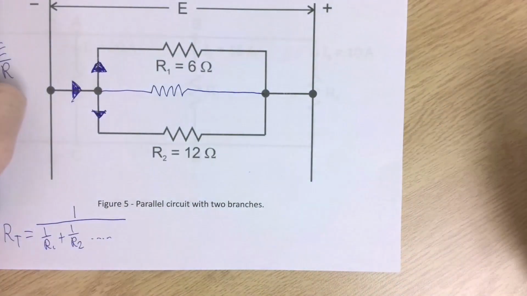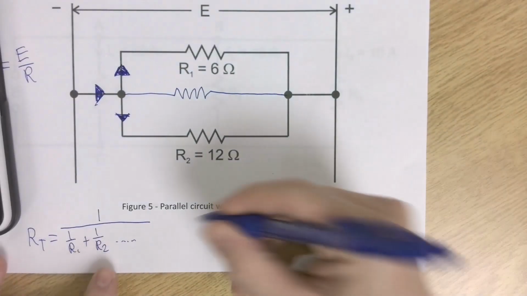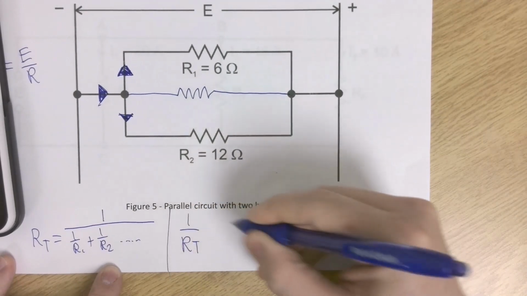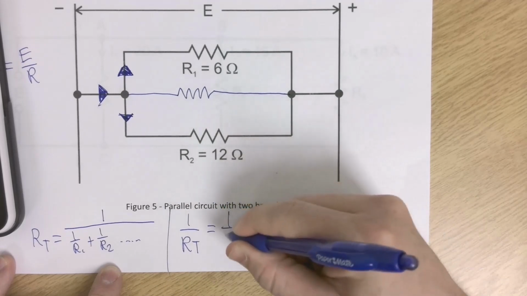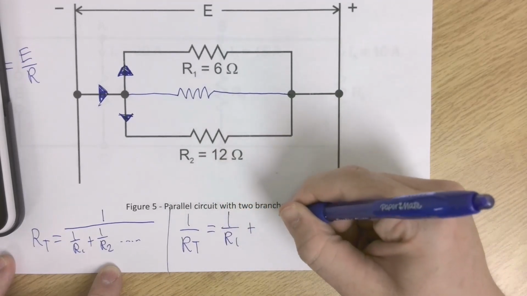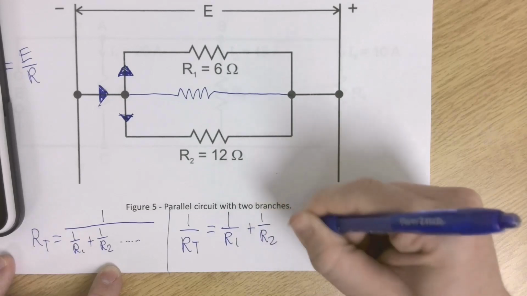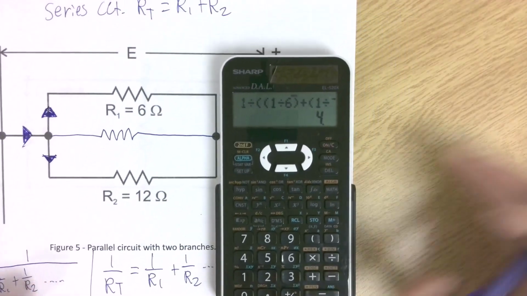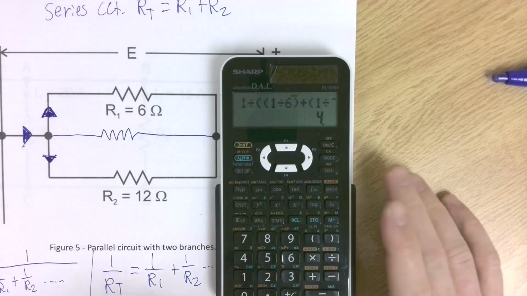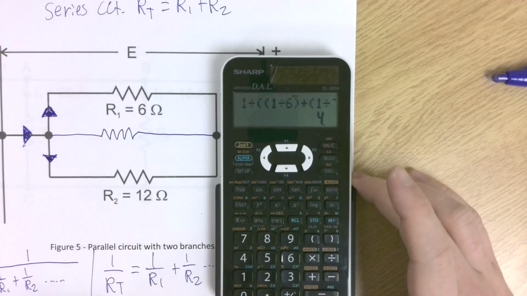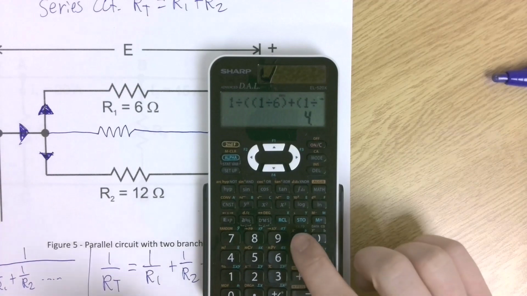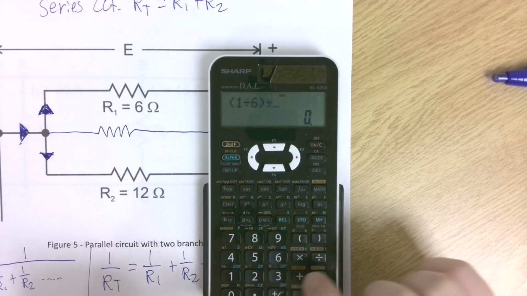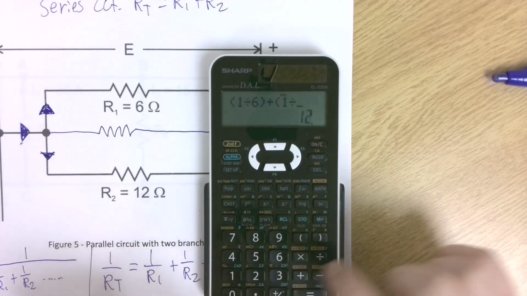Another way that you could write this same formula is 1 over R total equals 1 over R1 plus 1 over R2, so on and so forth. It sort of simplifies it in a sense where there's fewer brackets in the beginning. You would take 1 divided by 6 plus bracket 1 divided by 12.